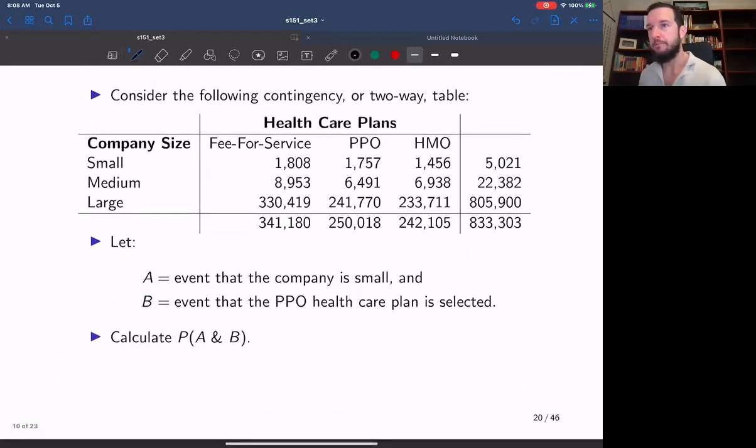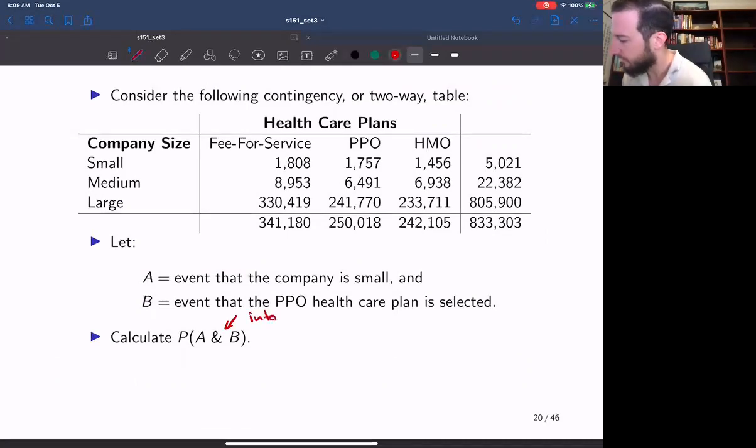The next example is using the same two events. So we have event A, which is the small company, and event B, which is the PPO healthcare plan. Now what we are asked is, what is the probability of their intersection? Whenever we have the ampersand or the word and, those are equivalent.